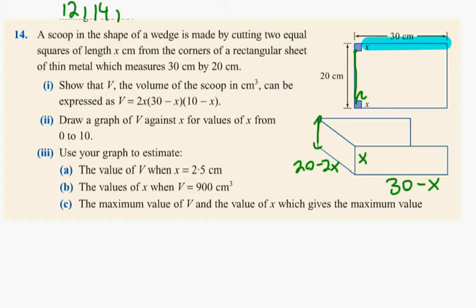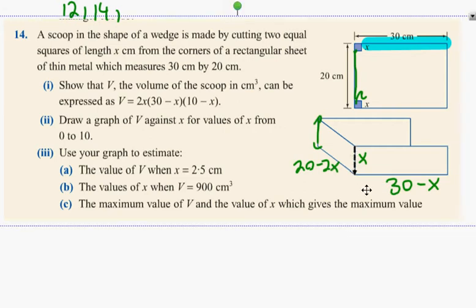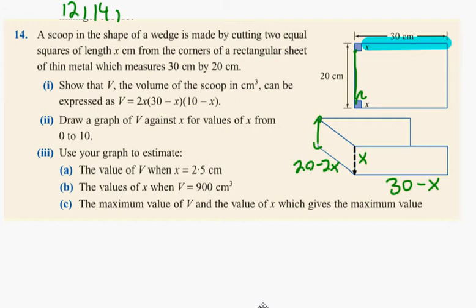Okay. So essentially what happens there is if you fold this back down again, you add on your x, so it goes back to 30. So you're folding it up. Okay. Now, how do you find the volume?